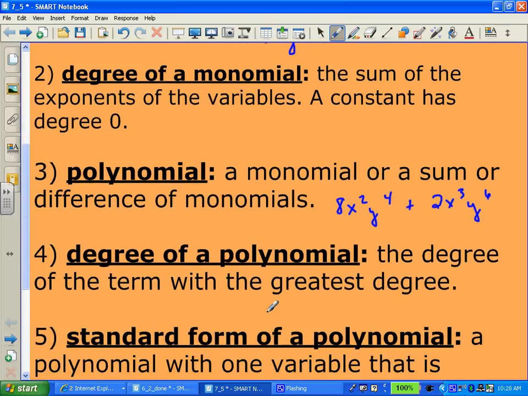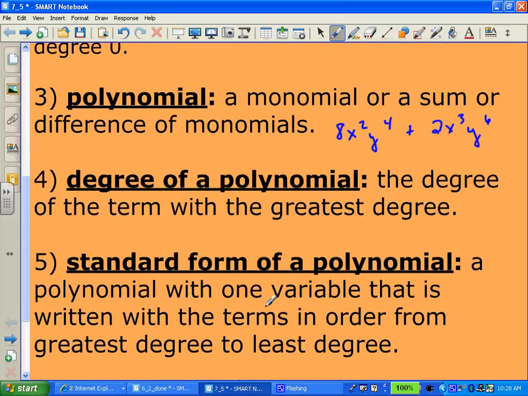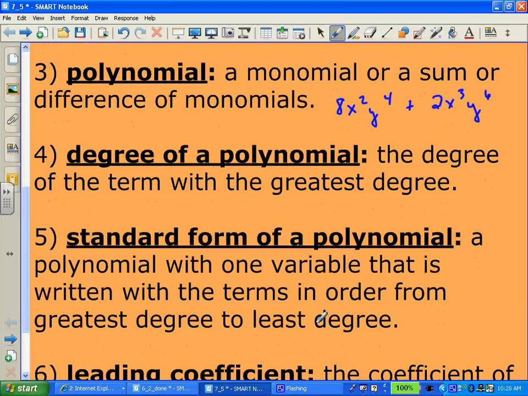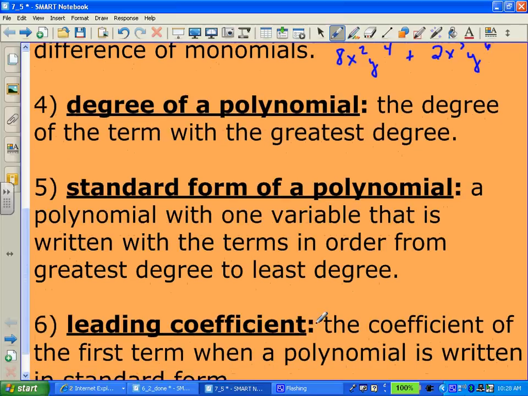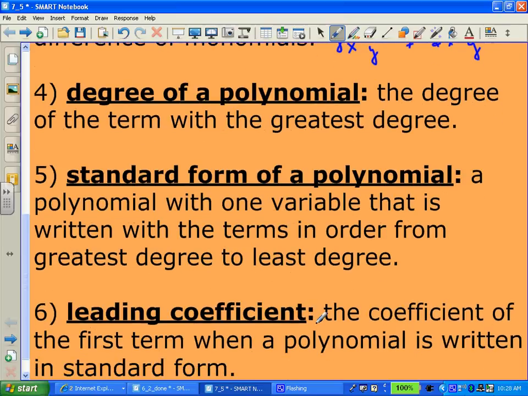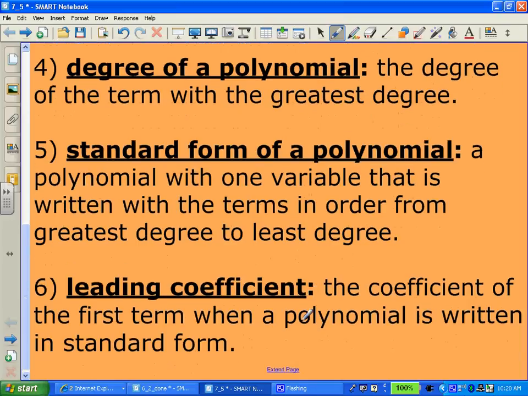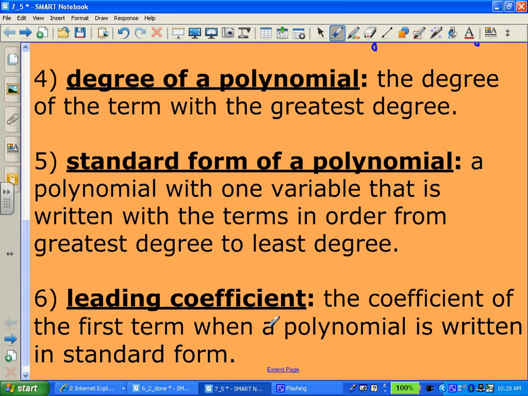So that one's pretty easy. To write a polynomial in standard form, we just write the terms in order from greatest degree to least degree. And then the last one here is leading coefficient, and that's the only coefficient of the first term when we write it in standard form.